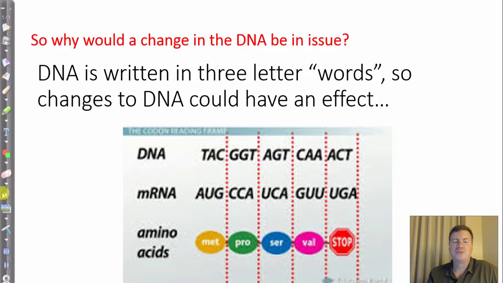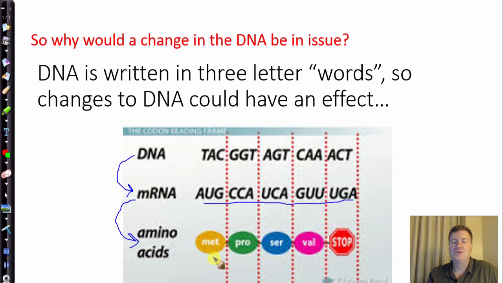But when we actually go through the process of transcribing DNA, this is the RNA version of that. And then this RNA version is going to be translated into the sequence of amino acids: methionine, proline, serine, valine, and there actually is a stop sequence that says that's the end of your protein. What I want to show you here is that DNA is read in these three-letter words every time.